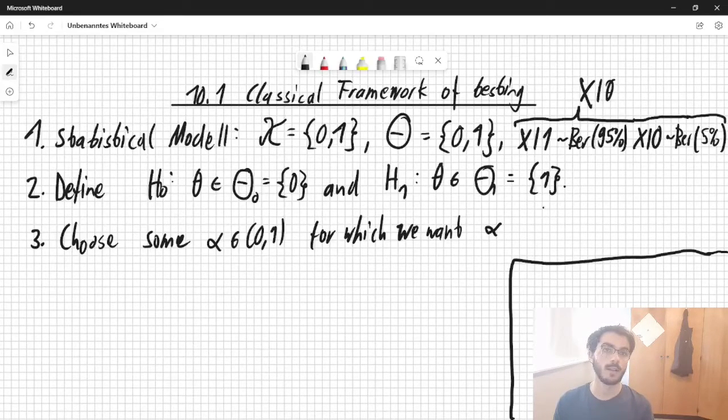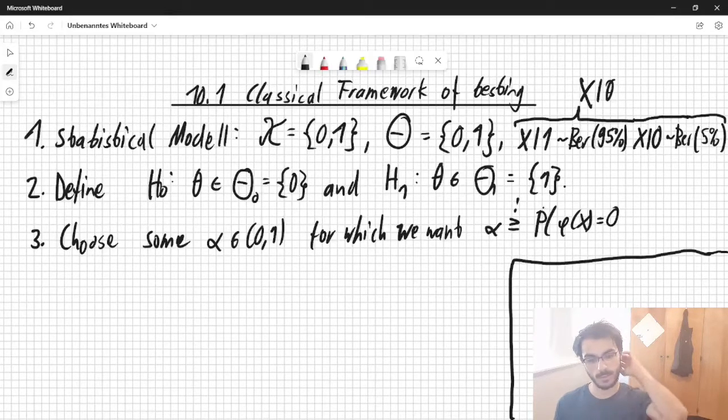Okay, so we choose some alpha, and we want that alpha to bound the probability of type 1 error. So this is the probability that our test, I'm going to define what a test is shortly, that our test says 0. So this mathematical test, this is why it gets a bit confusing, because unfortunately I designed it that way.